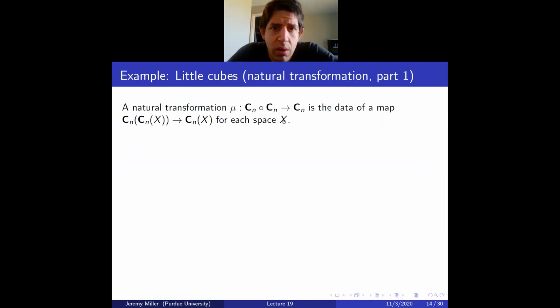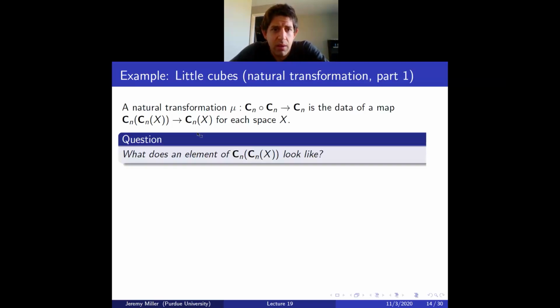So we need a natural transformation. We need a map like this. So what does an element of cubes X look like? Any guesses?